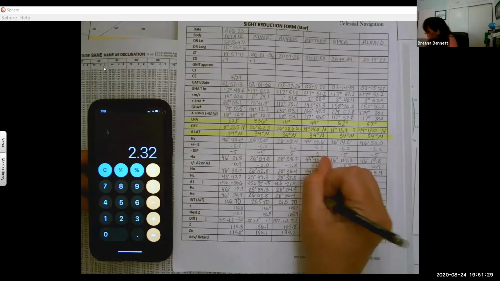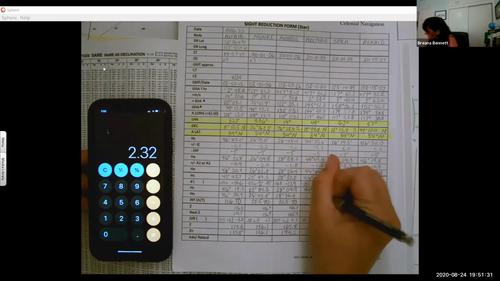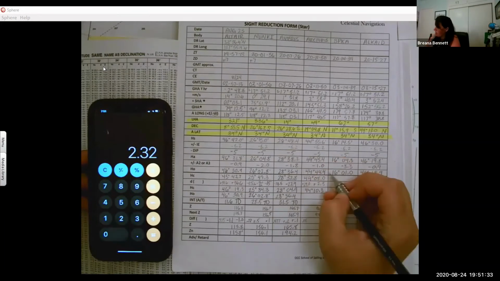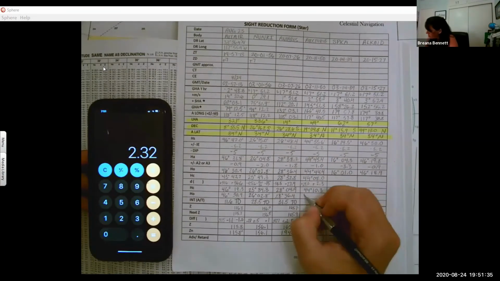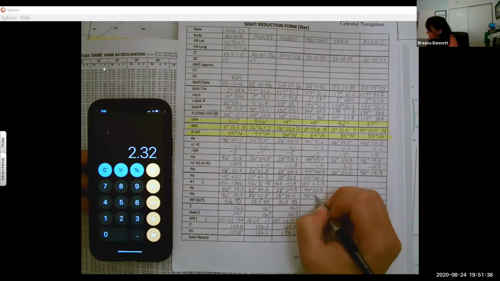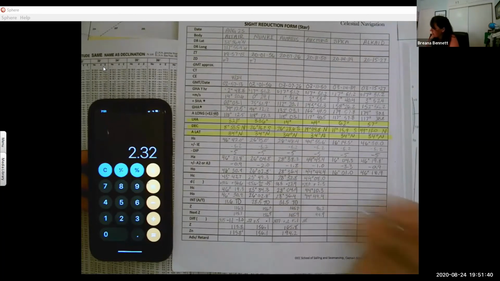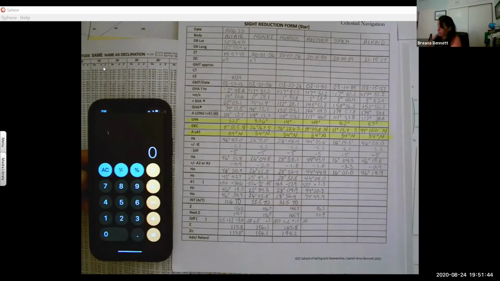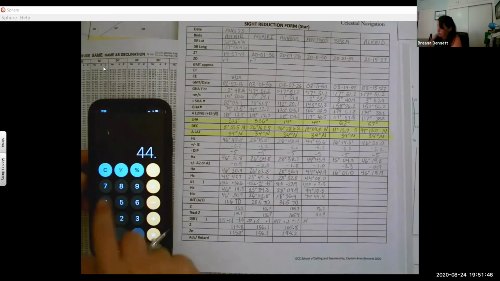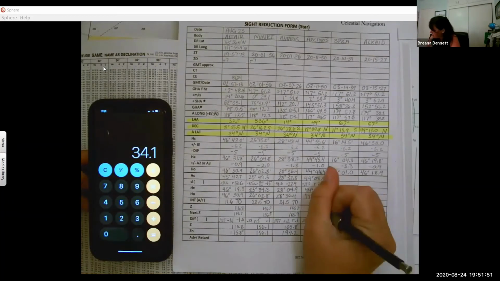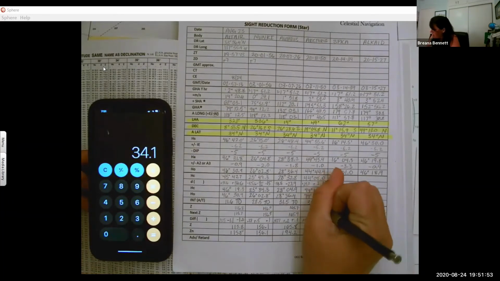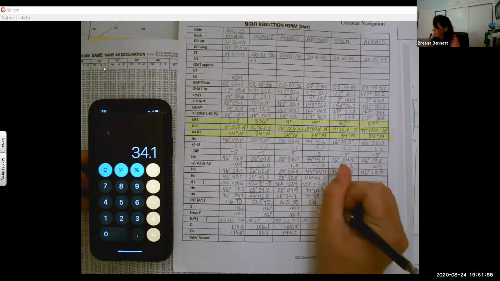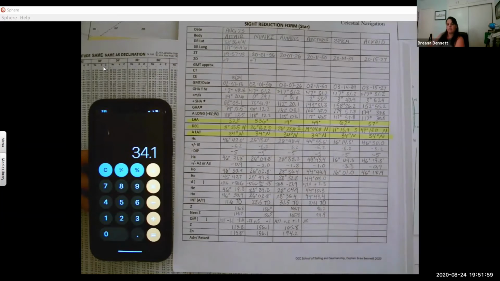So we get 44 degrees 10.3. Our HO was 44 degrees 44.4. So we get our difference to calculate our intercept: 44.4 minus 10.3 gives us 34.1, and our HO is bigger again, so we are towards.